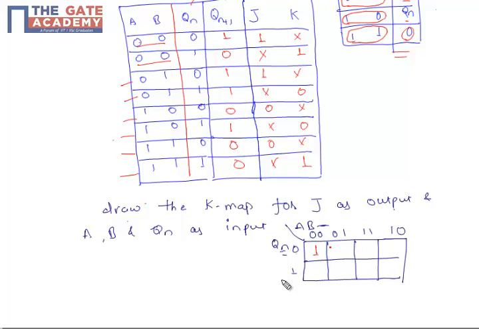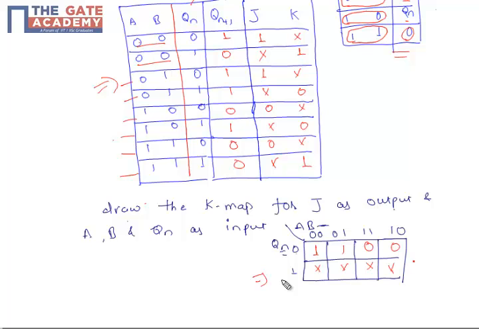Now again, when our inputs A and B are 0 0 and Qn is 1, then the output is X. Similarly, fill the complete table with the help of this characteristic table. We will fill our K map. We will get something like this, where X is our don't care.